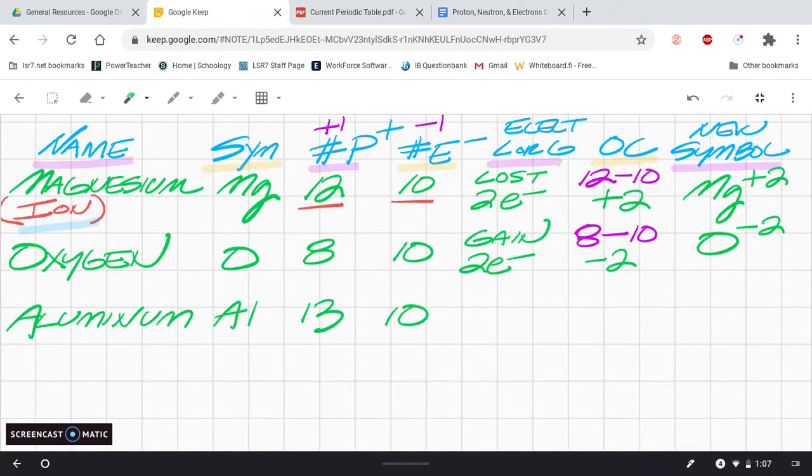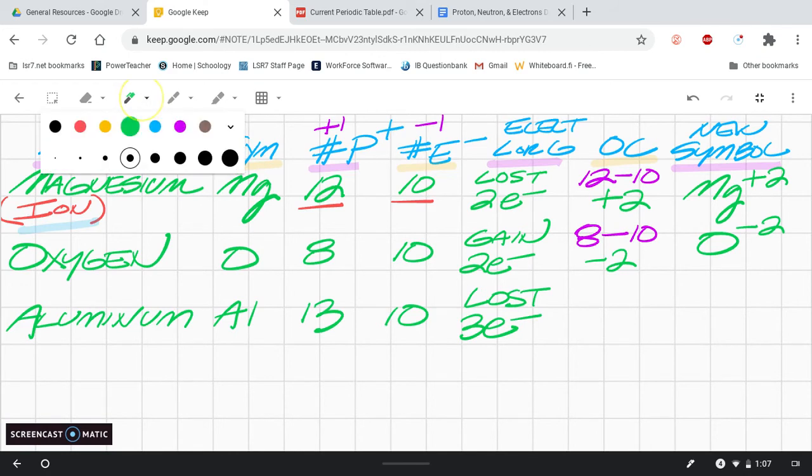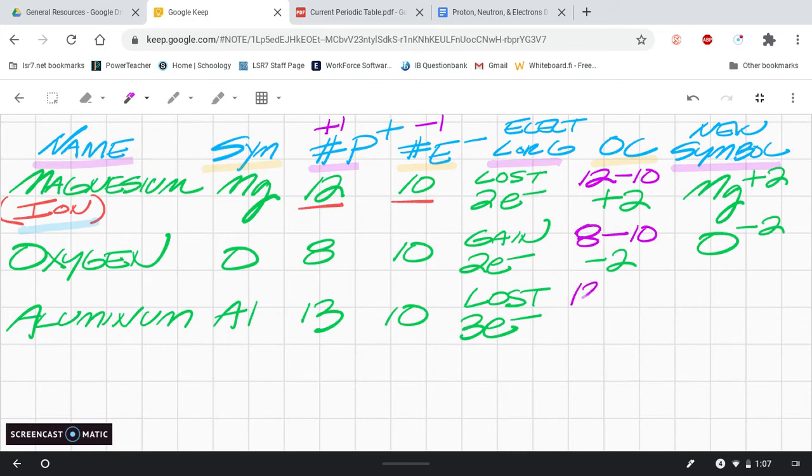Okay, do we gain or lose? Well, we had 13 and 13, but we now have 13 and 10. So we lost 3 electrons. All right, we lost 3 electrons. And then we're going to do our math. I'm going to go ahead and do 13 minus 10.